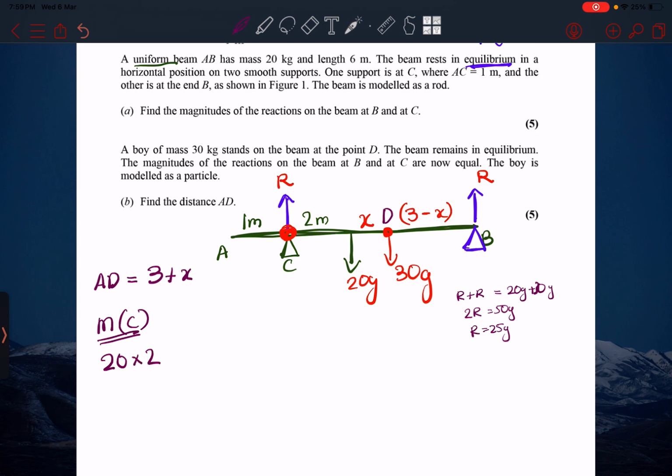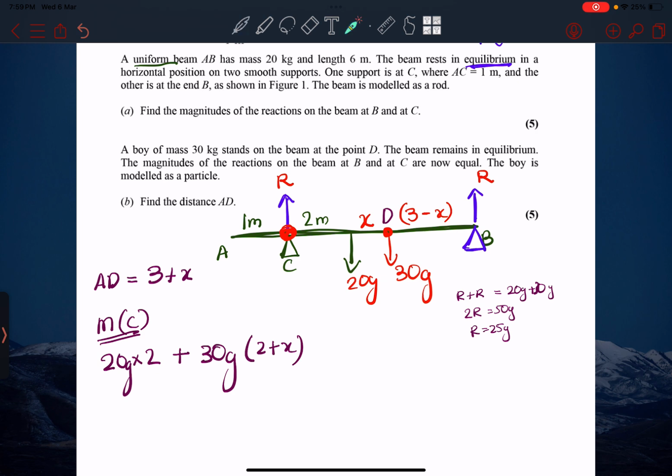The next force that is going down, or going in the clockwise direction, is the 30 G's. So that is 30 G. I'm sorry, I forgot the G here. 30 G, and the distance is 2 meters plus the x. That is 2 plus x.